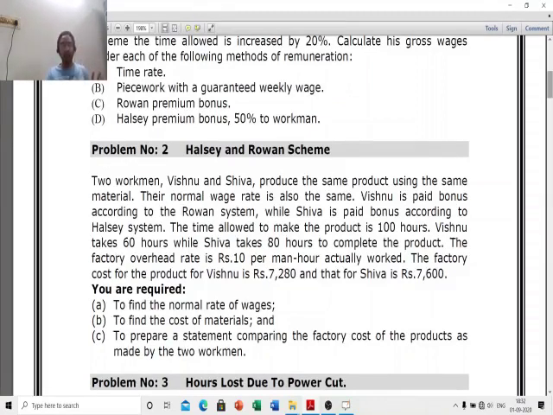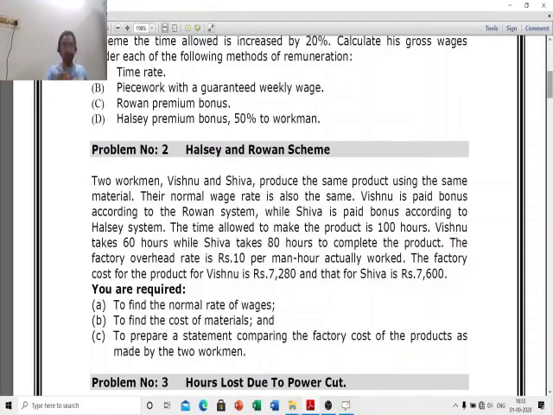Now, let's first understand what we'll have to do here. In this question, you will have to apply the basic knowledge of cost accounting, in which there are several stages of cost. For example, when you take materials and look at just that one component, you call it material cost. When you take materials and direct labor for a certain product and put both together, you get what is called prime cost.